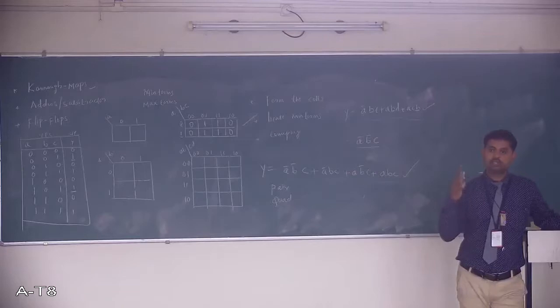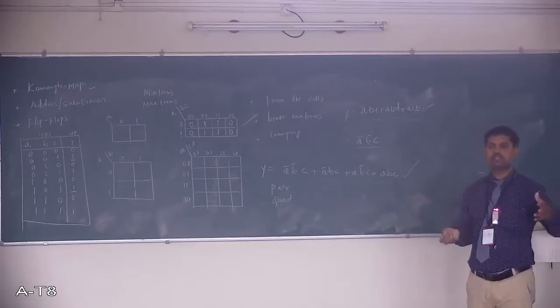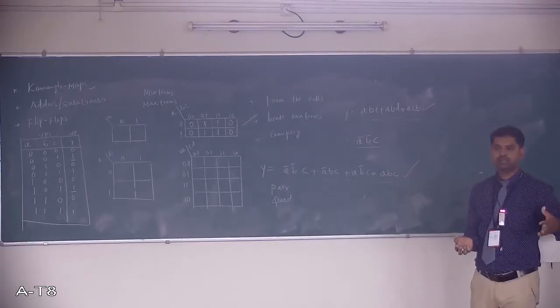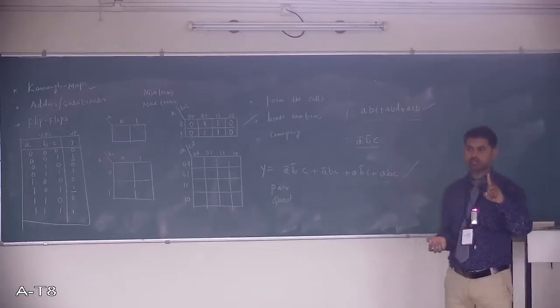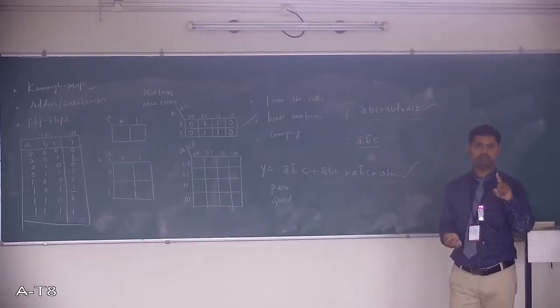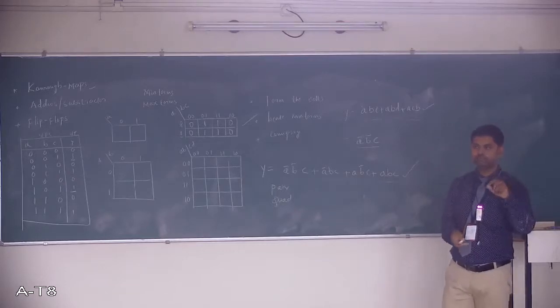So the grouping should always be with respect to logic 1s, provided that the cells are side by side. And the volume may be 2 cells, 4 cells, 8 cells, 16 cells, like that. A single cell is also possible. If nothing else is possible, then you can group a single cell alone.